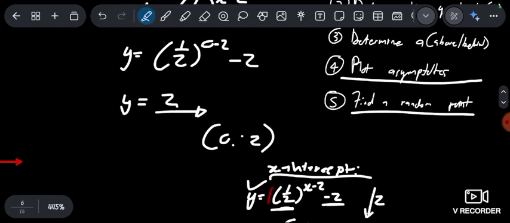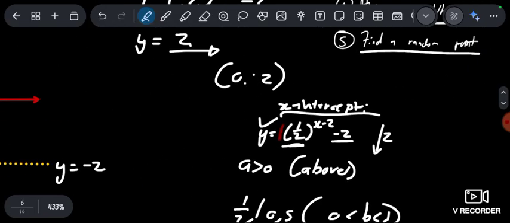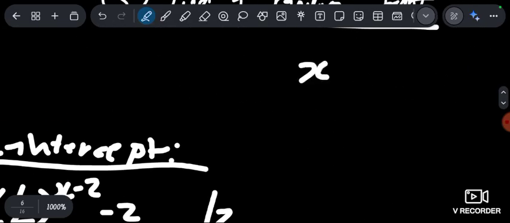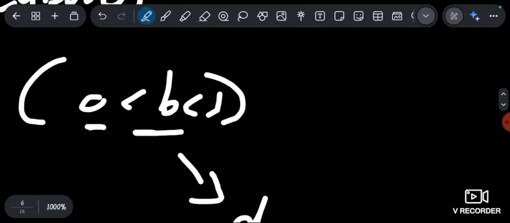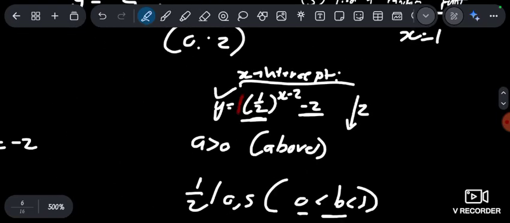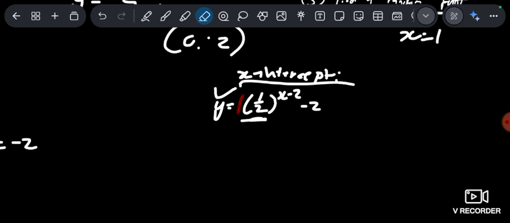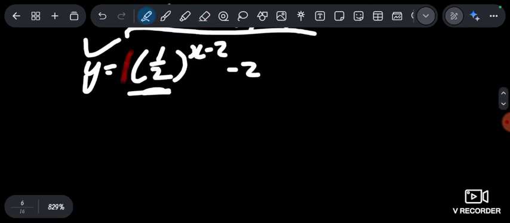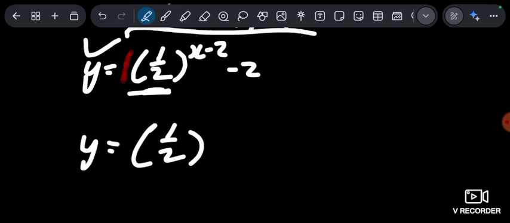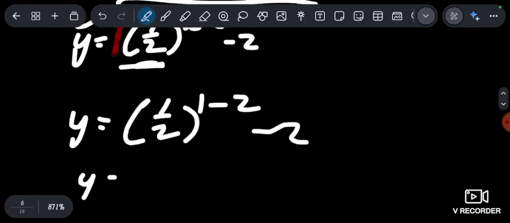How do you find a random point? Let's just substitute where x is equal to 1. You're going to find that y is equal to 1 over 2, put 1 where there's x, minus 2, and y is equal to 0.